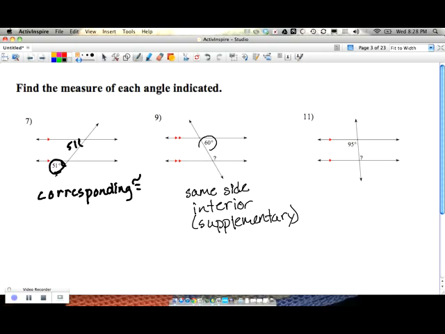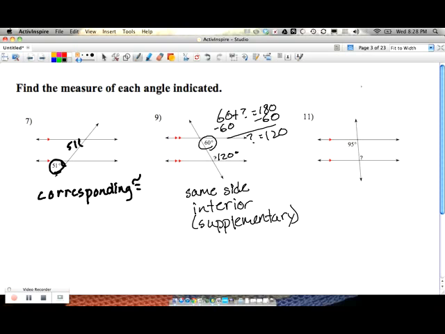So when I look at these two angles, I see 60 and then this question mark. And 60 plus that question mark is going to equal 180. So if I were to subtract 60, I would figure out that the question mark was really 120. So this angle down here is 120 degrees.